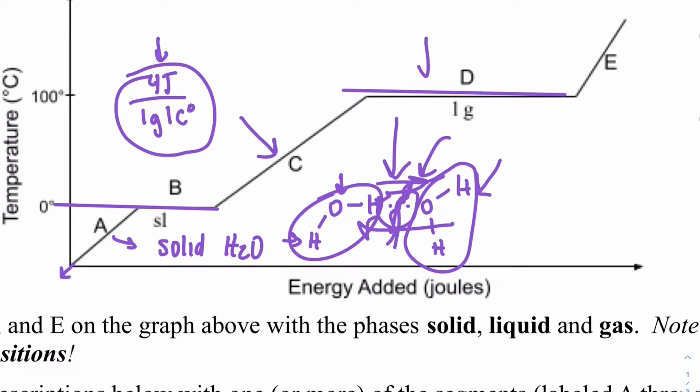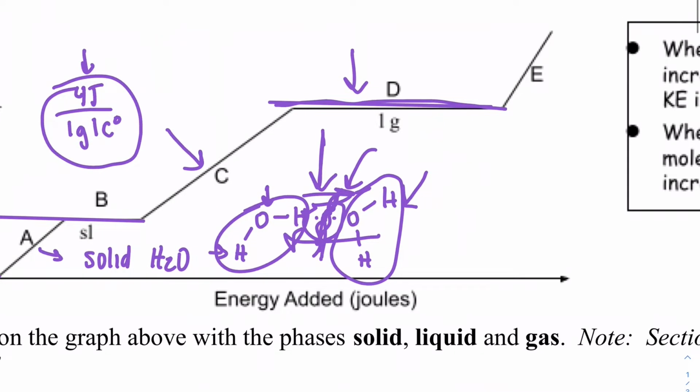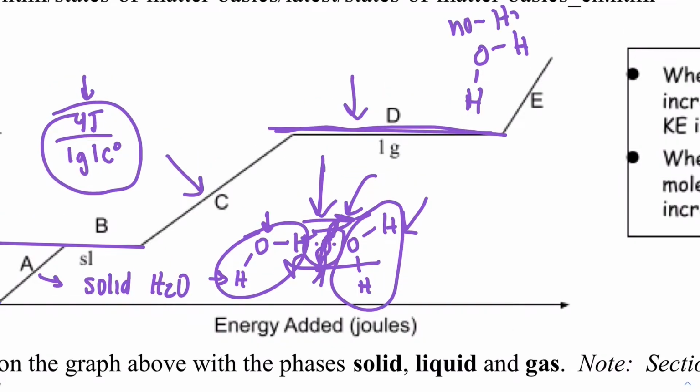When you get up to this phase here, all the energy that goes in is going towards breaking all the rest of the hydrogen bonds that exist in the liquid phase, and it becomes gaseous water, gas, which has no hydrogen bonds. At this point, the temperature of steam can increase seemingly forever. Steam can get very, very hot, whereas water can only ever get up to 100 degrees Celsius, and then it'll become steam.